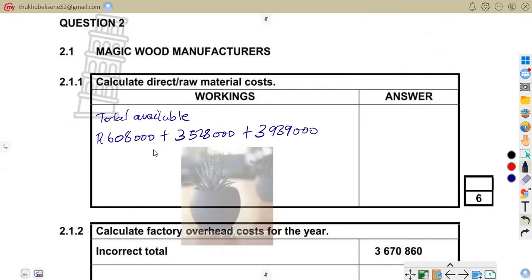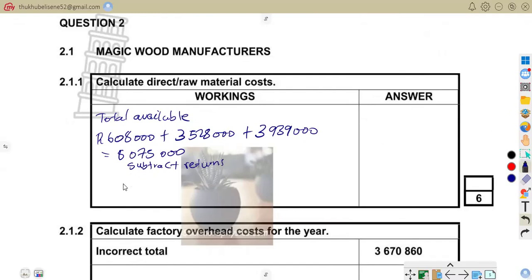All in all, they gave us 8,075,000. This is our total. With this, remember, we subtract returns.